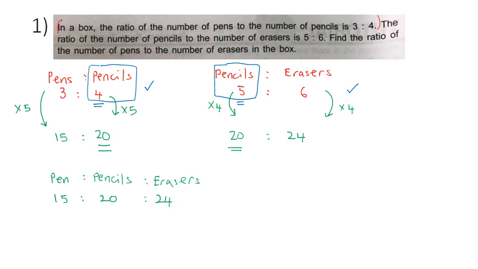Now the question asks for the ratio of pens to erasers, and thus our answer will be 15 to 24. Now this is not our final answer because you realize that for each of the quantity here, it can be further simplified by dividing both numbers by 3, and that will give us 5 to 8.